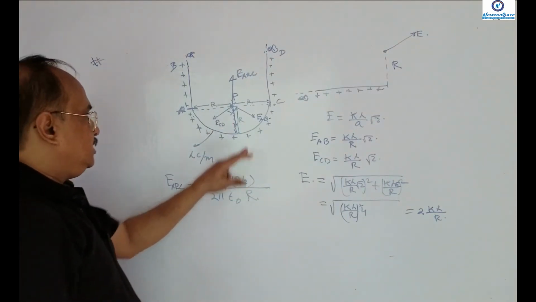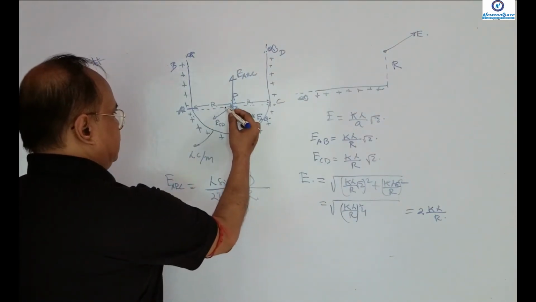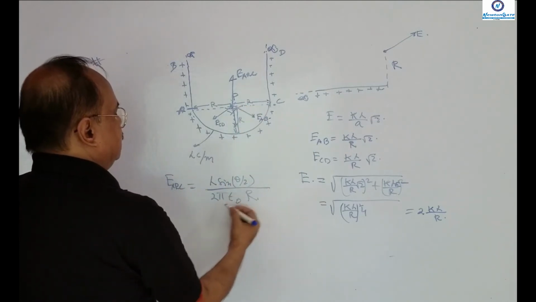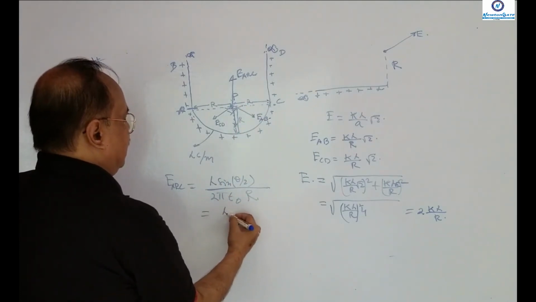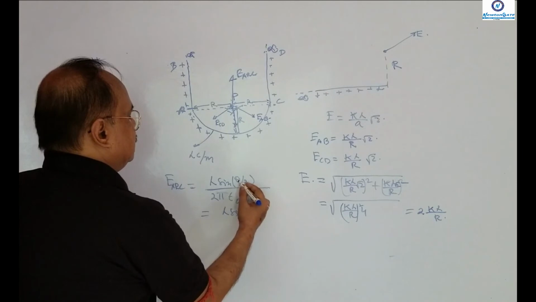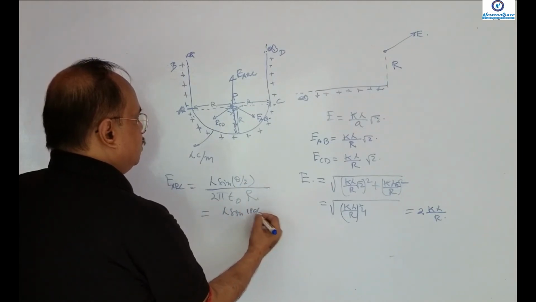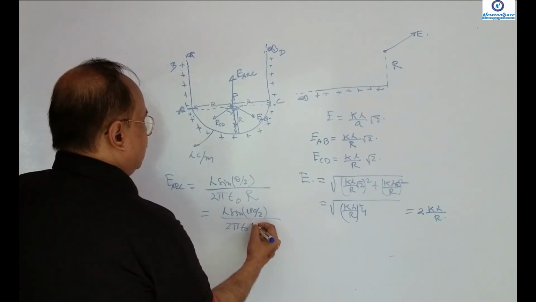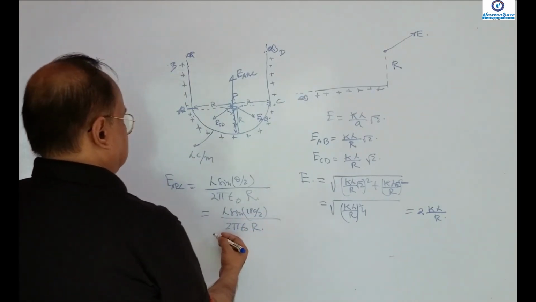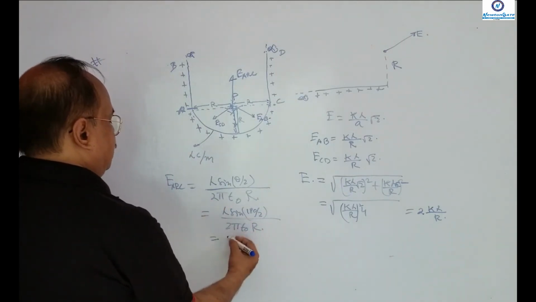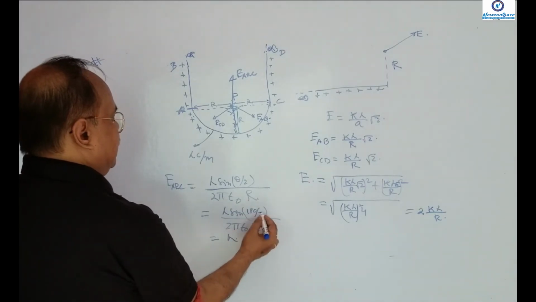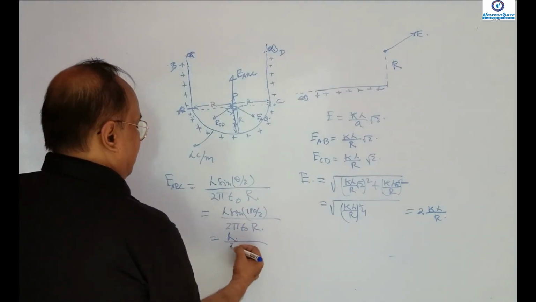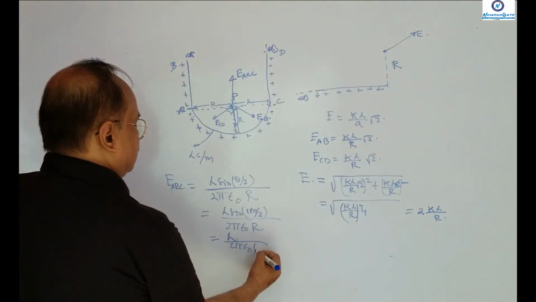So here theta is 180 degree because it is a semicircle. So that means it will be lambda sine 180 by 2, that is 90 degree, divided by 2 pi epsilon naught r. That means we are getting E arc equals lambda, the sine 90 is 1, divided by 2 pi epsilon naught r.